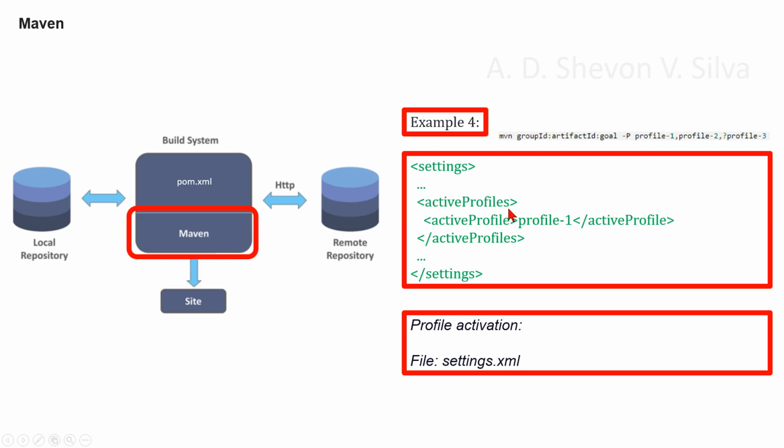From Maven 4 onward, Maven will refuse to activate or deactivate a profile that cannot be resolved. To prevent this, prefix the profile identifier with a question mark, making it optional. Here you can see the command.